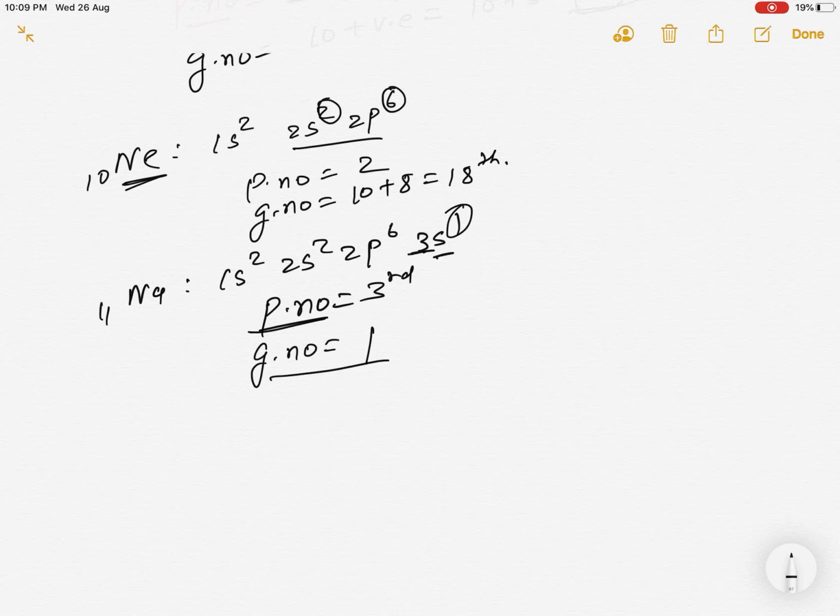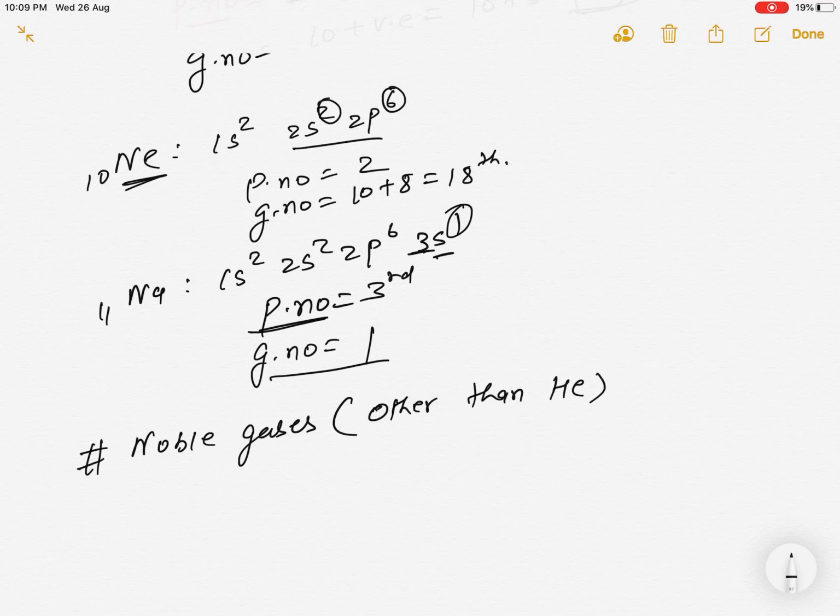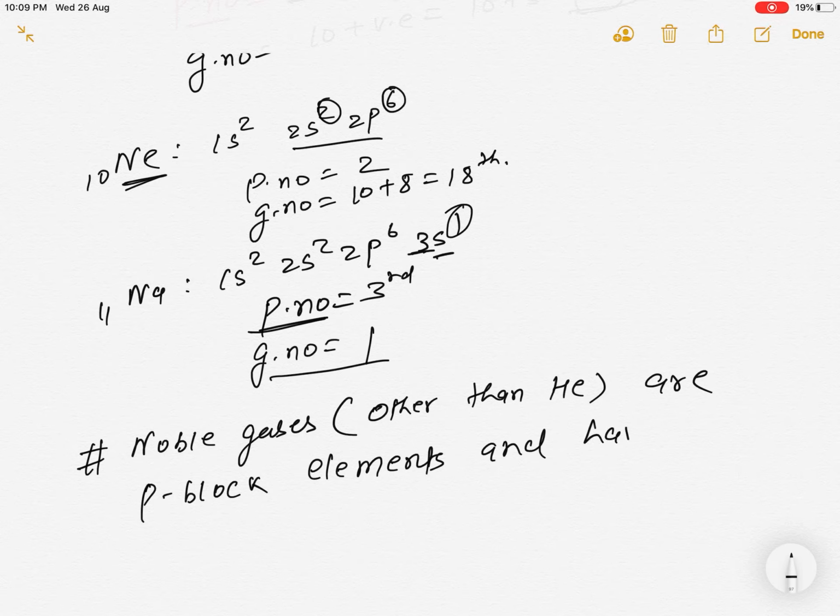So can we say that noble gases, other than helium, are p block elements and have 8 valence electrons, and since they have 8 valence electrons, that's why they belong to the 18th group.